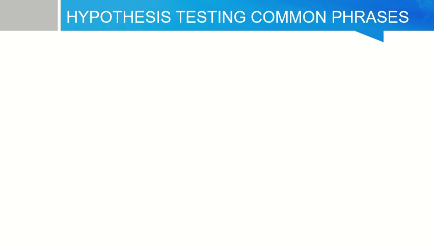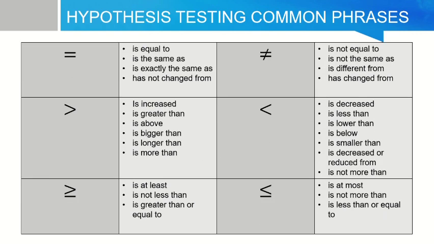Meron tayong hypothesis testing common phrases here. So kapag nakarinig kayo ng phrase na is equal to, is the same as, is exactly the same as, or has not changed from, that is equal.